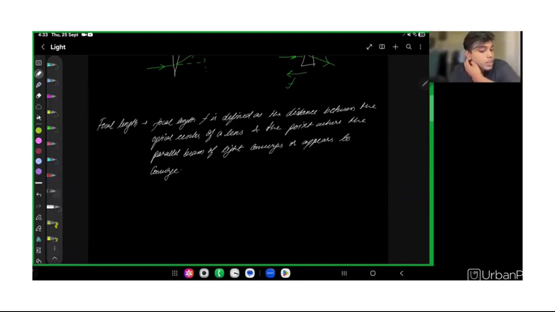Okay. Now let's talk about aperture. What is an aperture? Last definition. Definitions are very important, the building blocks of physics. If definitions are clear, any question you will be able to solve, even JEE Advanced. In reference to a lens, aperture means the effective diameter.